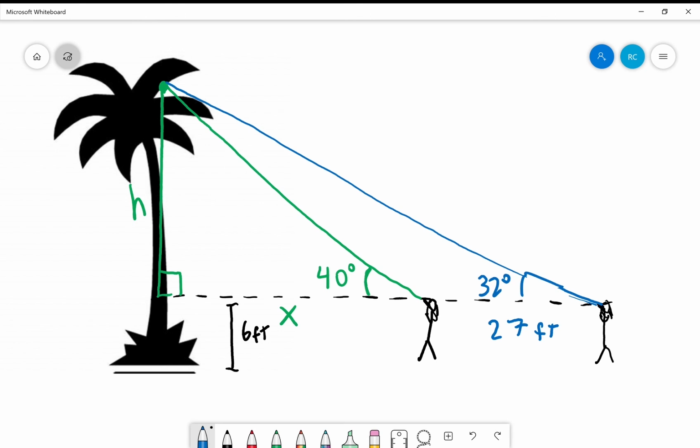We're not interested in the hypotenuse of either of these right triangles, but we can use trigonometry still to figure out both how far away I was initially standing from the tree and how tall the tree is. I will solve this problem in a future video, but for now, I really want you to give it a shot, and I will go ahead and put the solution to this in the comments in a few hours.